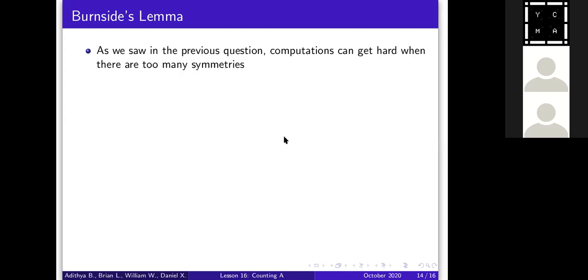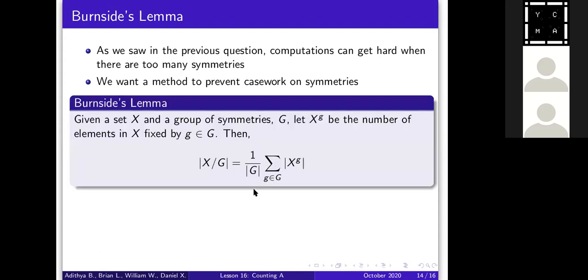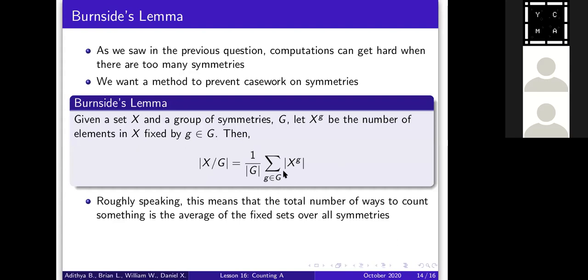The statement of this looks complicated, but we're going to do an example to go over what it means. Basically, it requires looking at how many fixed sets each symmetry has.